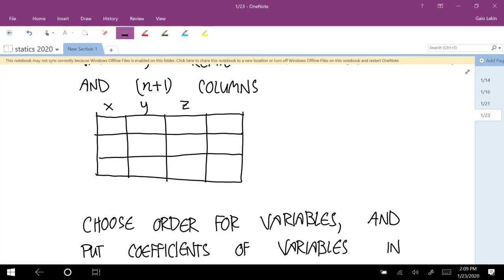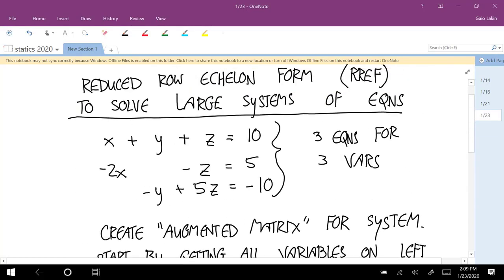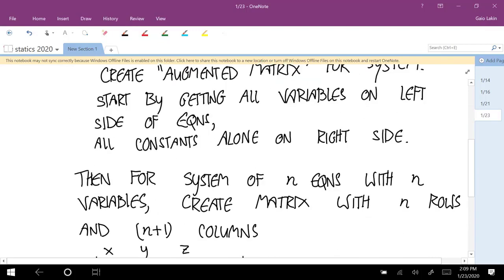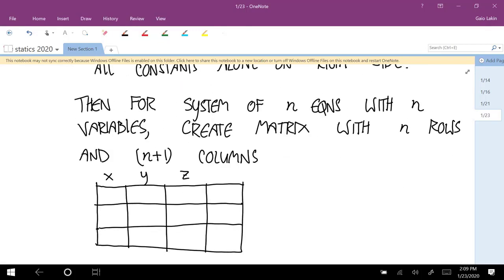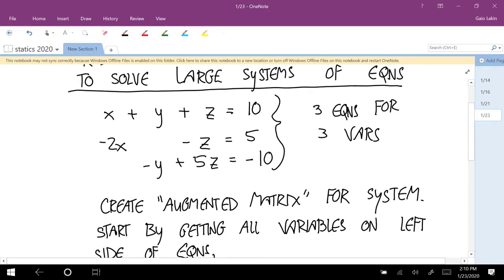And now the rows represent the equations, and for each equation, I'm going to write the coefficients of these variables. So the first equation says 1x plus 1y plus 1z. Okay. So 1, 1, 1. The second equation says negative 2x, 0y, negative 1z.